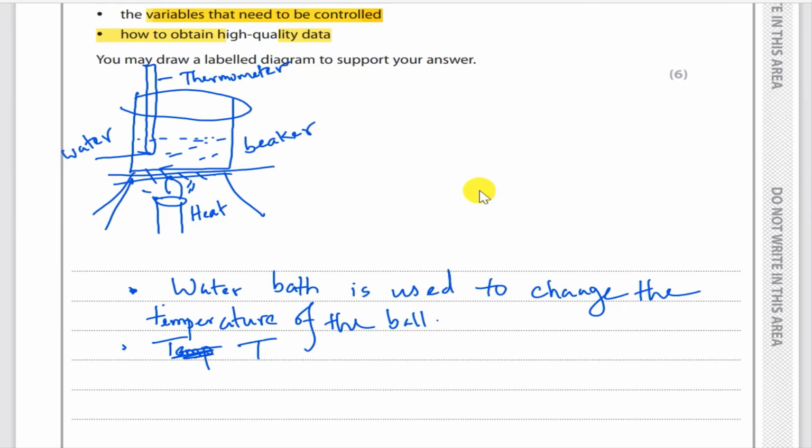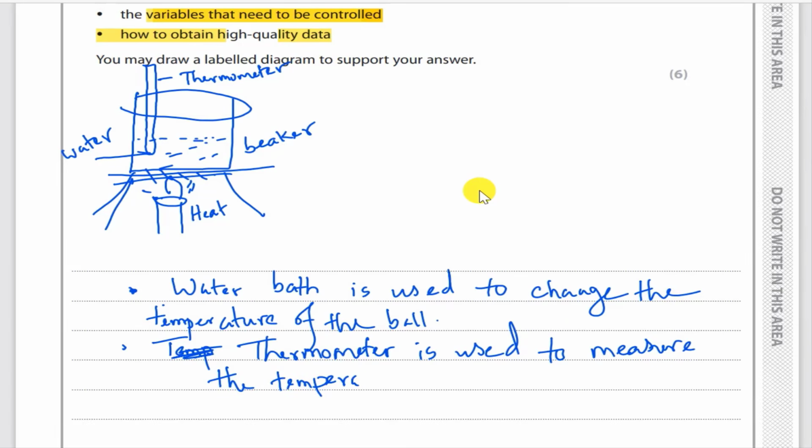Thermometer is used to measure the temperature. Or a temperature sensor can be used.